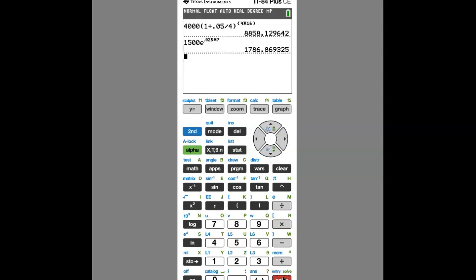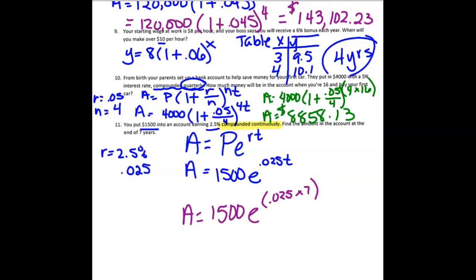So we will have $1,786.87. All right, so we started with $1,500. 7 years later, we've gained $287 roughly in just extra interest.